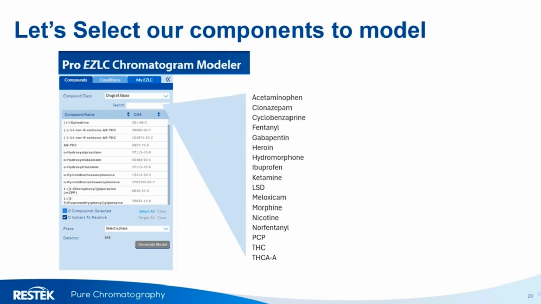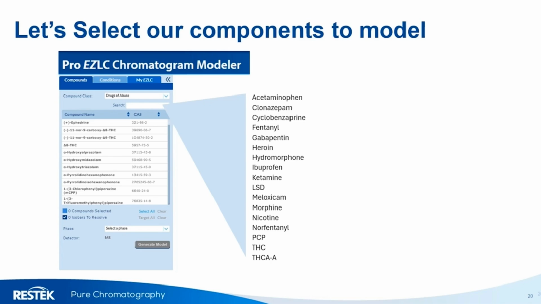The first step in modeling with ProEasy LC is to go to the Compounds tab, go to your compound class, and pick your library. I'm choosing Drugs of Abuse, and then from the Drugs of Abuse, I'm going to select these 17 representative compounds. To add compounds, you can just go to the search box and start typing in the name, and those compounds that have a similar name will be selected, and you can choose them.